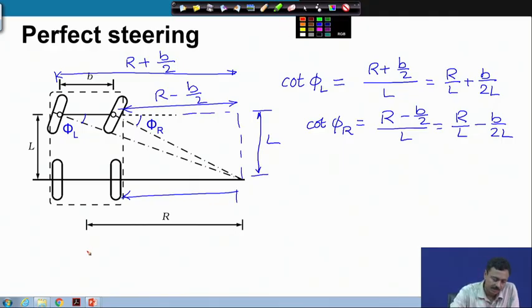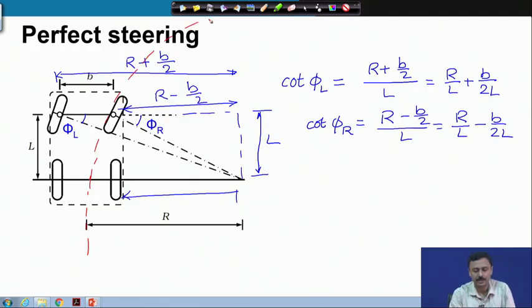So, essentially it is as if the car is rotating about this point.